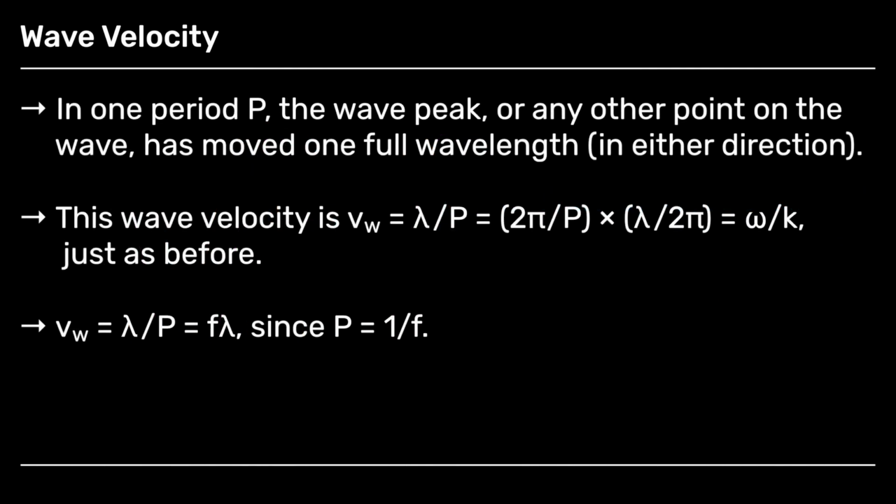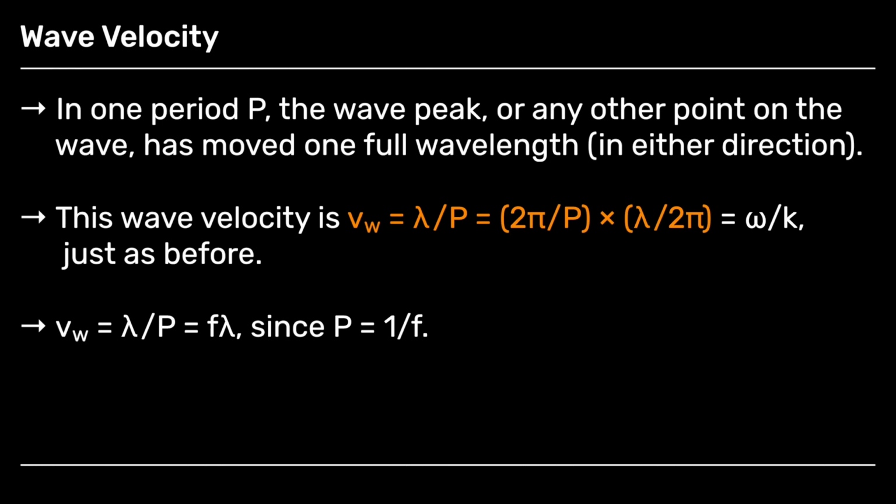In other words, in one period p, the wave peak, or any other part of the wave profile, will have moved one full wavelength. That could be in either direction. Well, the velocity associated with this, distance divided by time, is lambda, the wavelength, divided by p, the period.